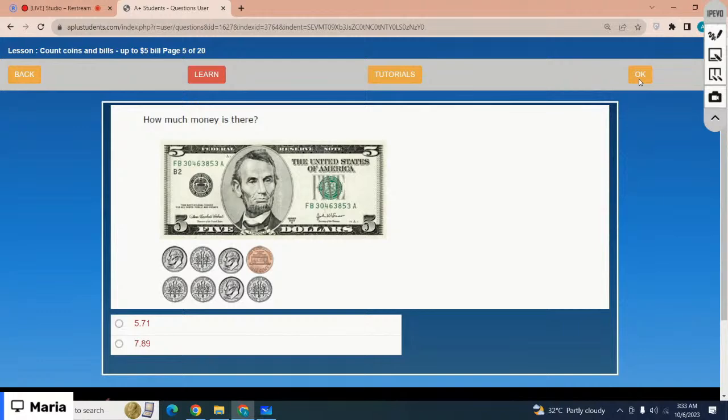That's the one we did on the tutorial, right? I remember the answer. That would be 5.71. So the correct option is 5.71, right?